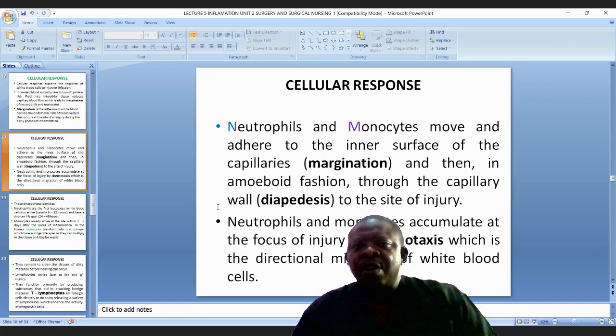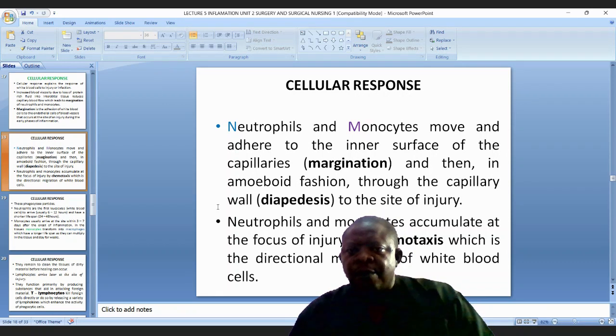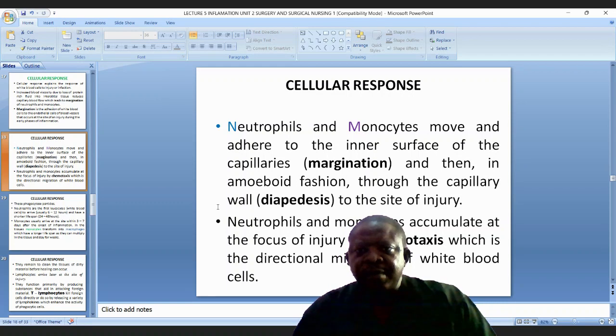We also have blood vessels that may move and other protein content that may move through the wall of the capillaries, and attract neutrophils and monocytes to accumulate within these areas.